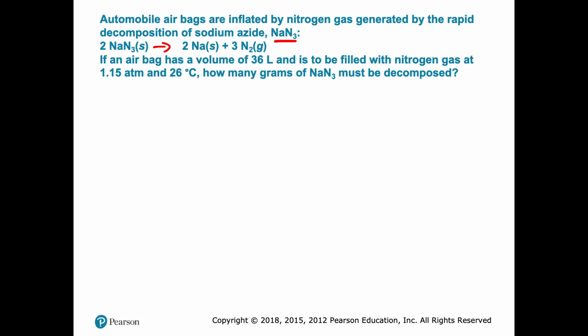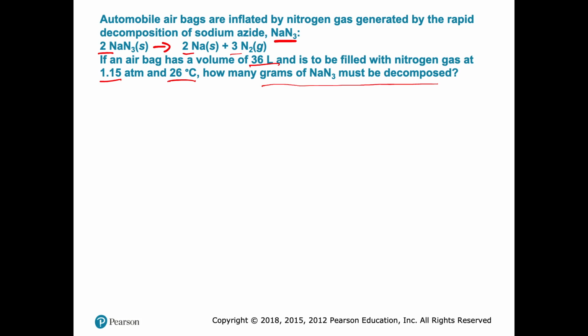There are 2 moles of sodium azide for every 2 moles of sodium and every 3 moles of nitrogen gas. So if the airbag has a volume of 36 liters, it is to be filled with nitrogen gas at 1.15 atm at 26 degrees Celsius. How many grams of the sodium azide must decompose to get you that amount of gas to save your life when you collide with something and your airbag goes off?